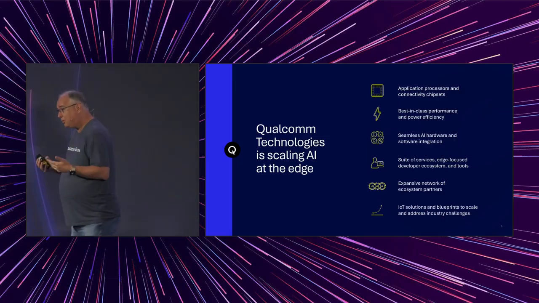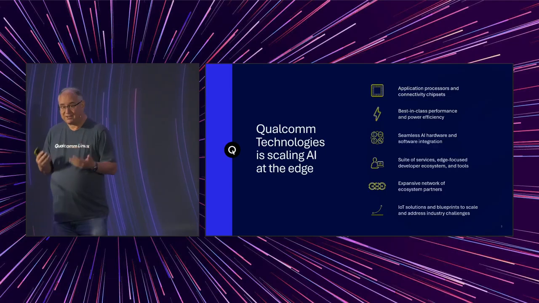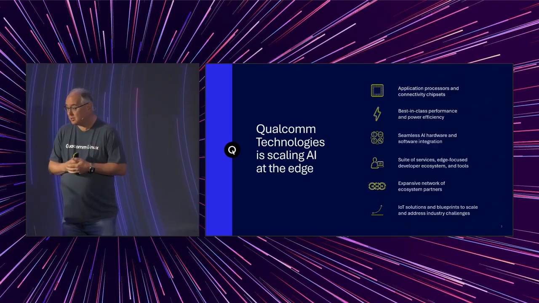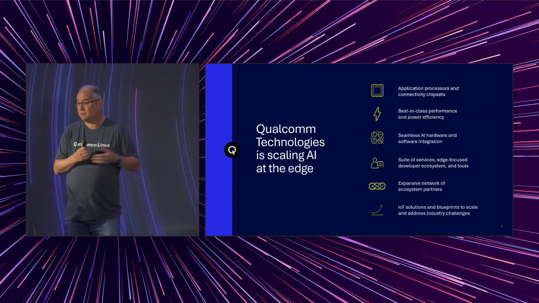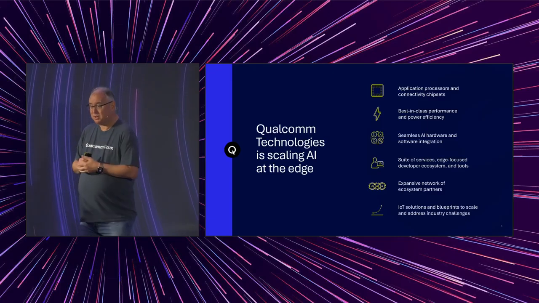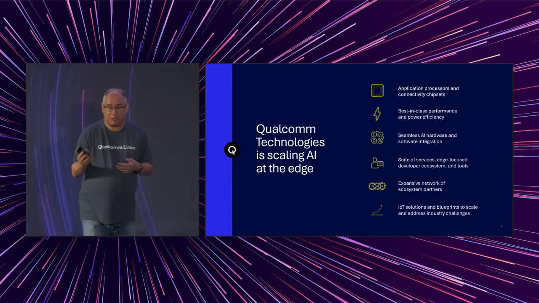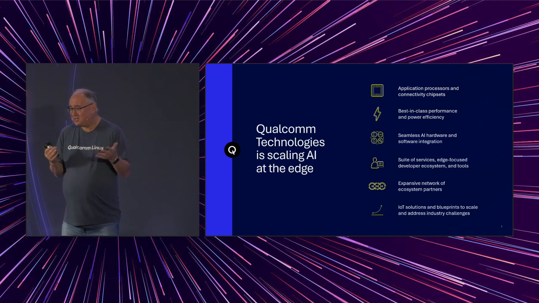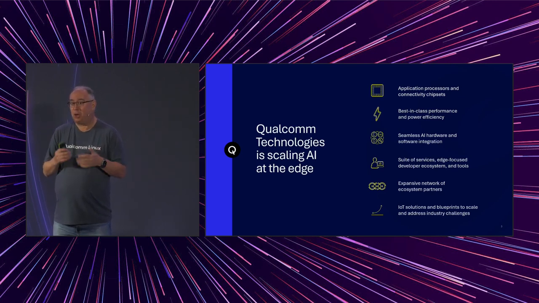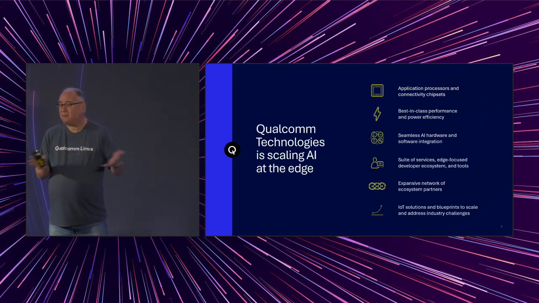Now, obviously, Qualcomm as a company has a whole set of assets that are very critical in this space. One of them is obviously our low power, right? That comes from our handset heritage, and that has worked very well for us on the PC side. It is working very well in all these other verticals. The other part of it, too, is AI. Handsets have been doing AI for a long, long time, even before LLMs, which became popular 3 years ago.